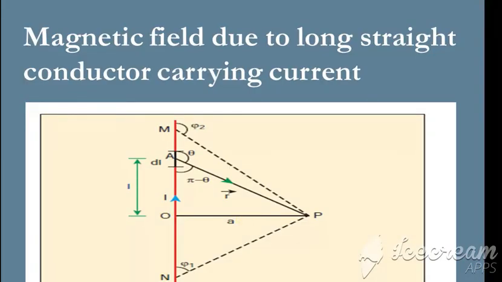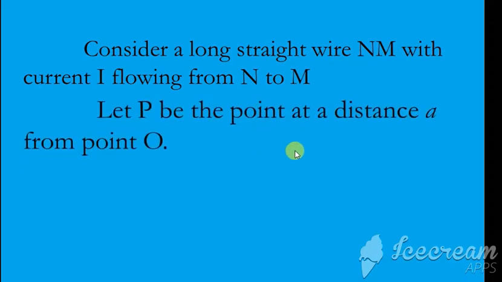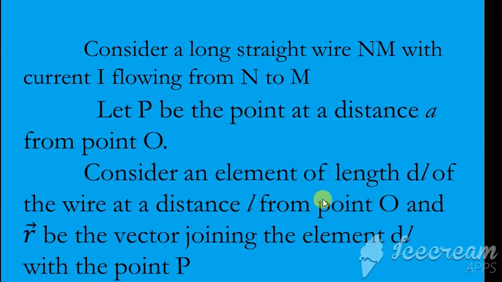This is a long straight conductor carrying the current I. Consider the long straight conductor with the current I, then P be a point at the distance A. Next, consider an element of length dl which is at a distance L from the midpoint, R is the position vector and its length is dl.